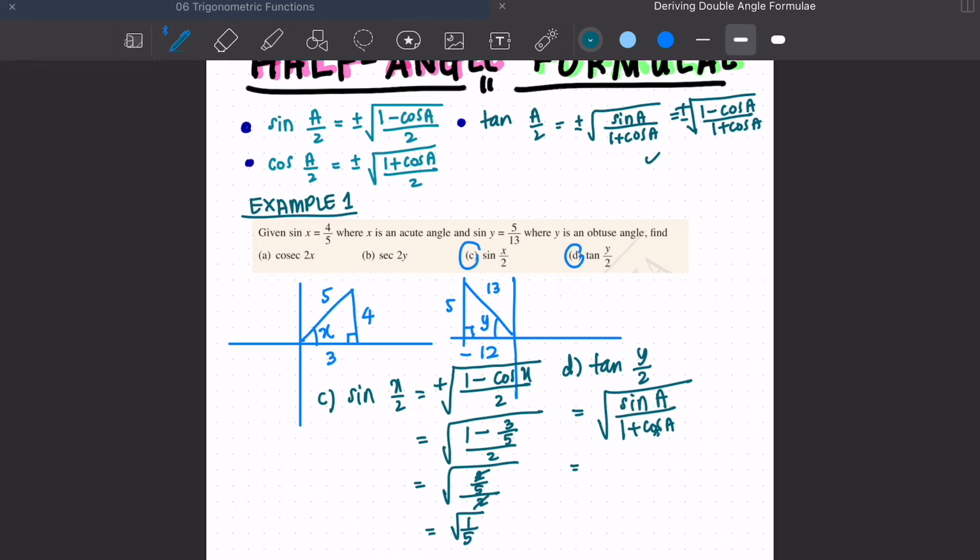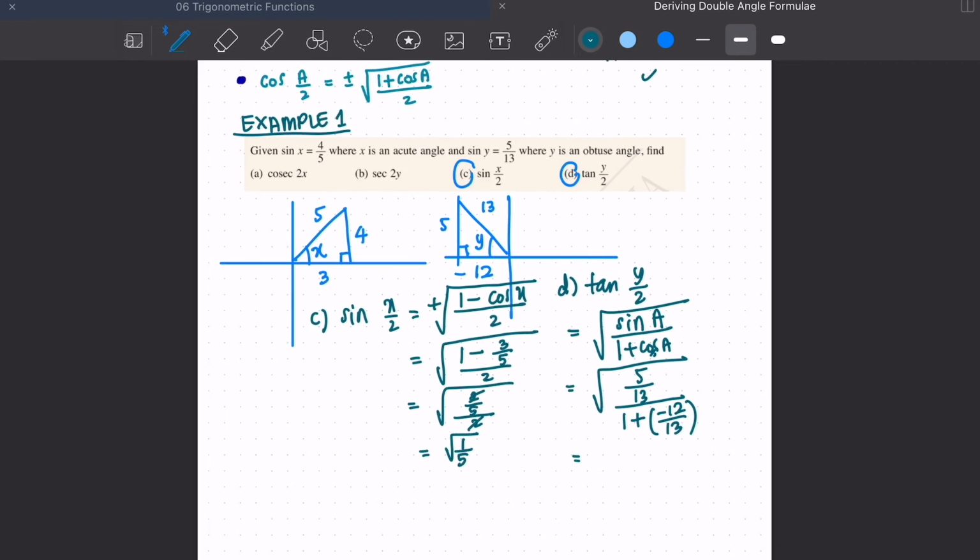So we just substitute the values. Sine A is opposite 5 over the hypotenuse 13, divided by 1 plus cos A, which is negative 12 over 13.